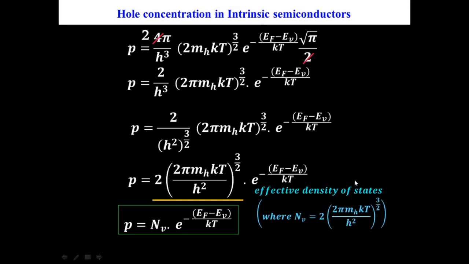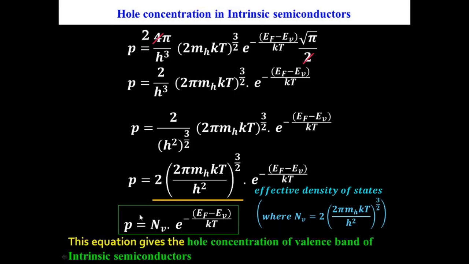This is called the effective density of states of the valence band. So the final expression is p equal to Nv into exponential of minus Ef minus Ev by kT. This equation gives the hole concentration of the valence band of intrinsic semiconductors.